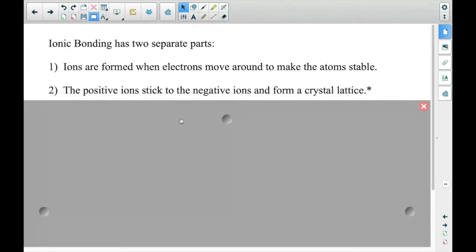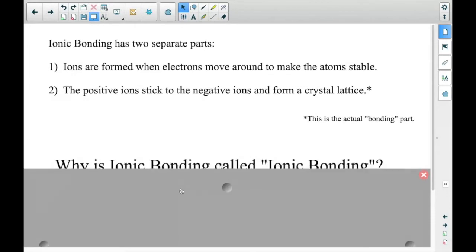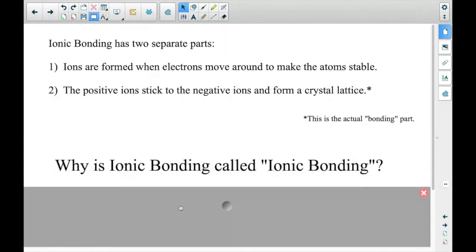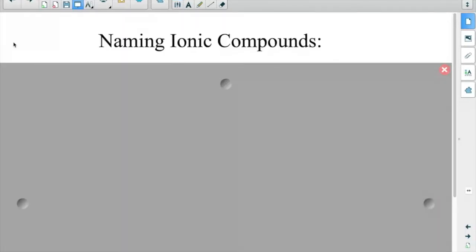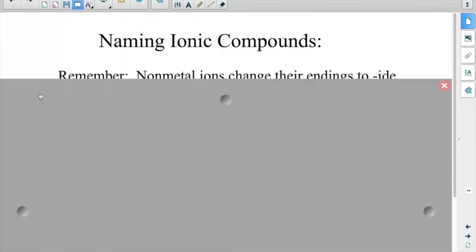And the sticking of the positive ions and the negative ions together, the ionic sticking, is really what we call ionic bonding. Why is it called ionic bonding? It's called ionic bonding because this is a really easy one. It's because ions are bonding. Ions are sticking together.